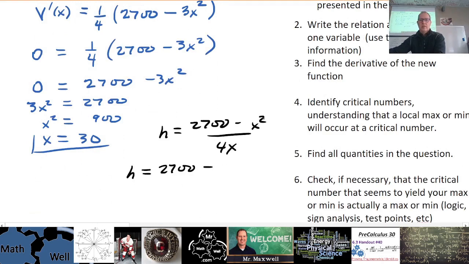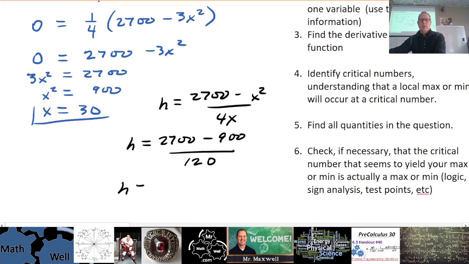So 30 squared is 900, and 4 times 30 is 120. So h equals 2700 minus 900, so 1800 over 120. So h equals 15.